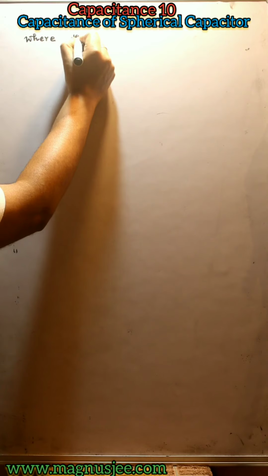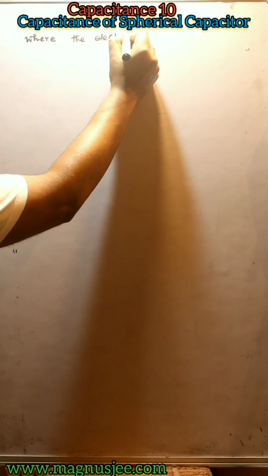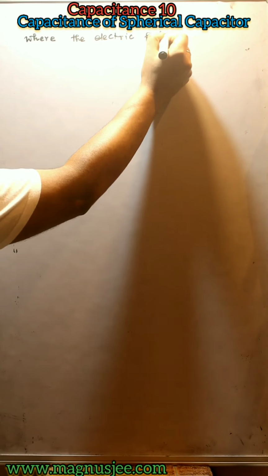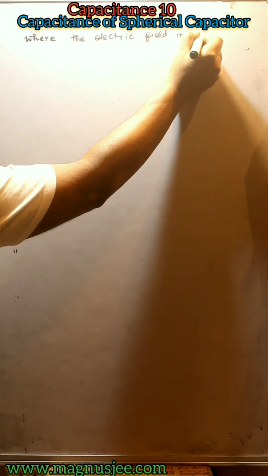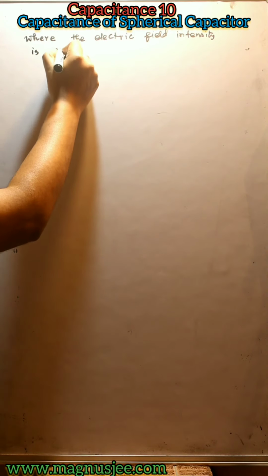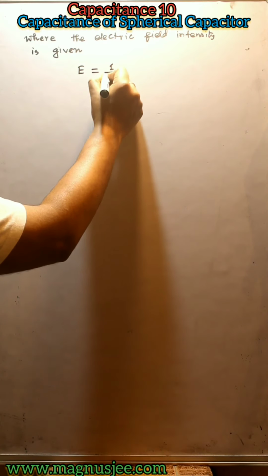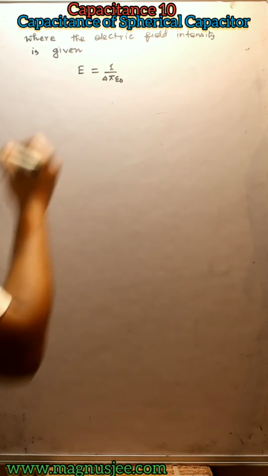The electric field intensity at a distance r between the two shells is given by E equal to 1 by 4 pi epsilon 0 q by r square.